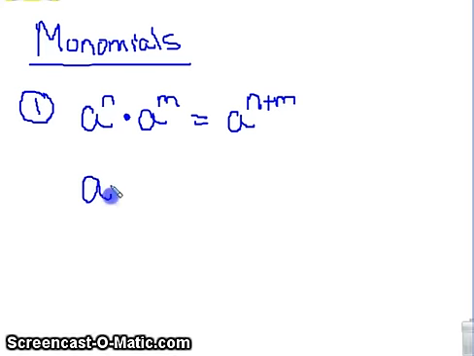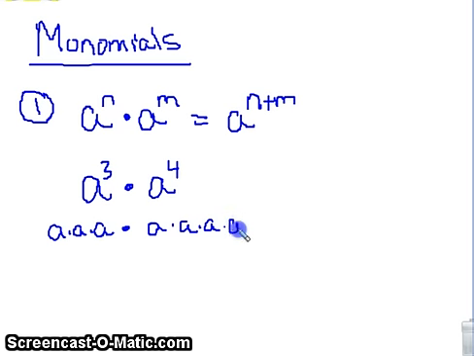If I have a to the third times a to the fourth, what that actually means is I have 1, 2, 3 a's here. And then because it's times, and I have 1, 2, 3, 4 a's here, then all I have to do is say I have 1, 2, 3, 4, 5, 6, 7, or a to the 7th.